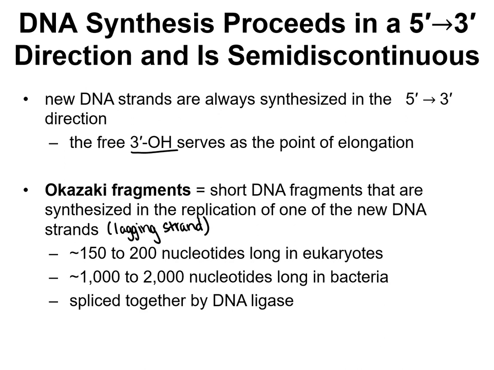These Okazaki fragments are made in bacteria and eukaryotes. In eukaryotes, they're kind of short, like 200-ish nucleotides long. In bacteria, they're like 1 to 2,000 nucleotides long. So a little bit of a difference there. And once all of those fragments are made, they are sewn up by DNA ligase.